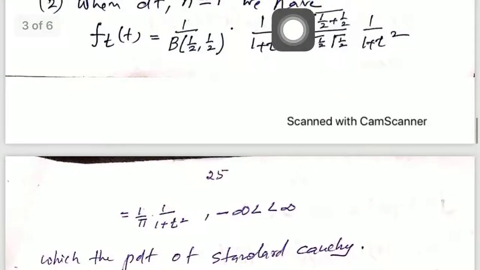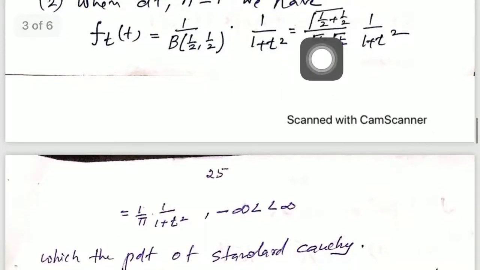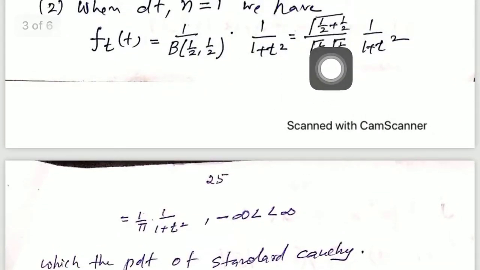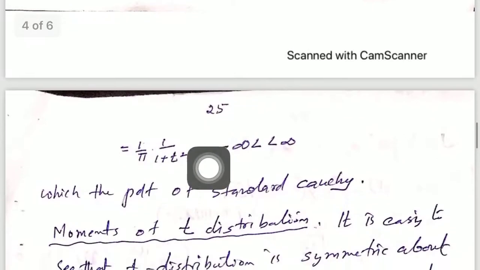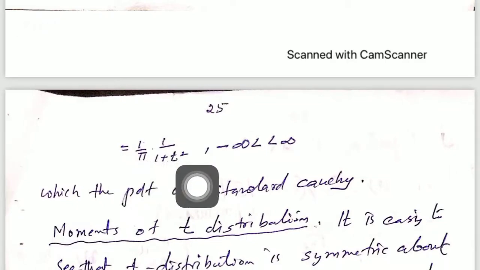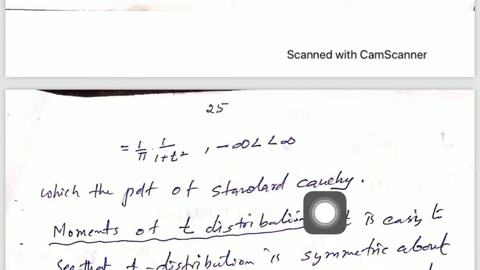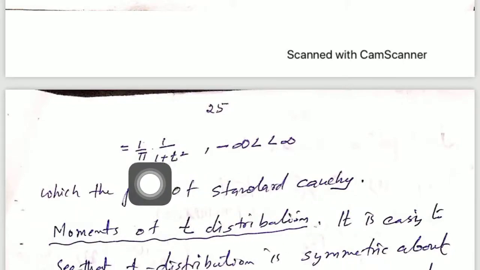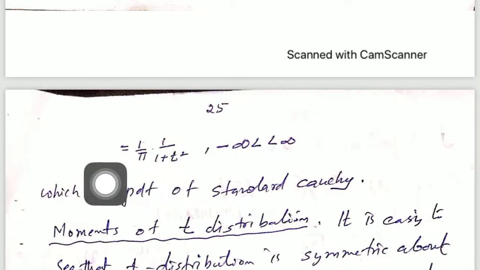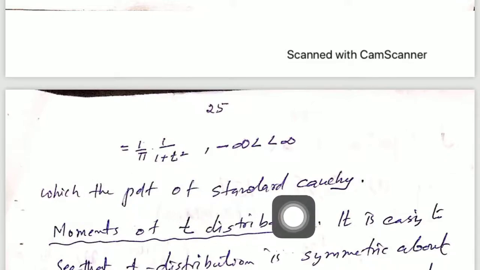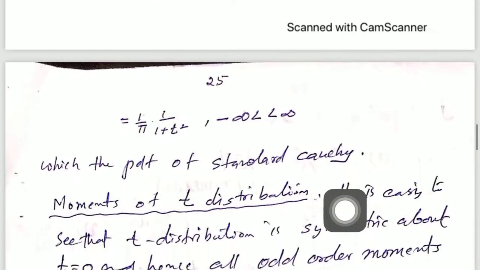All other terms will vanish, because gamma of 1/2 plus 1/2 is gamma 1, which is 0 factorial, that is 1. So in this way you will see that this is the PDF of t distribution with n equal to 1, and you can identify this distribution as standard Cauchy distribution. The distribution with this PDF is called standard Cauchy distribution.